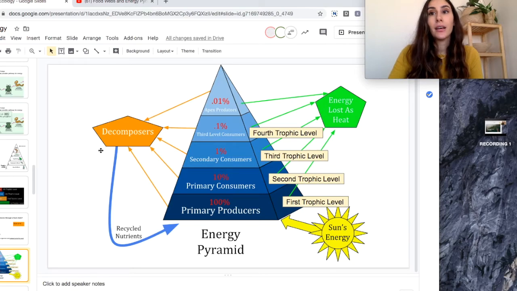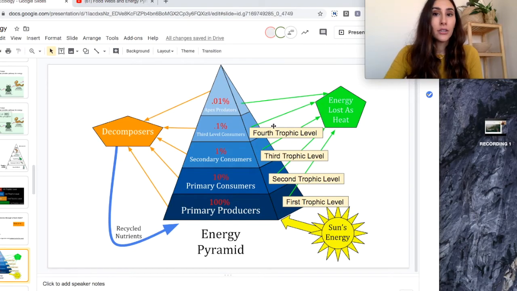Remember from our previous discussion, we said that once the organisms die, decomposers are there to break down the remains of these organisms and release all the nutrients back into the ecosystem, all right? So the decomposers are there so that at any trophic level, once these organisms die, they recycle their nutrients back into the food chain, food web, or even the energy pyramid that we see here.